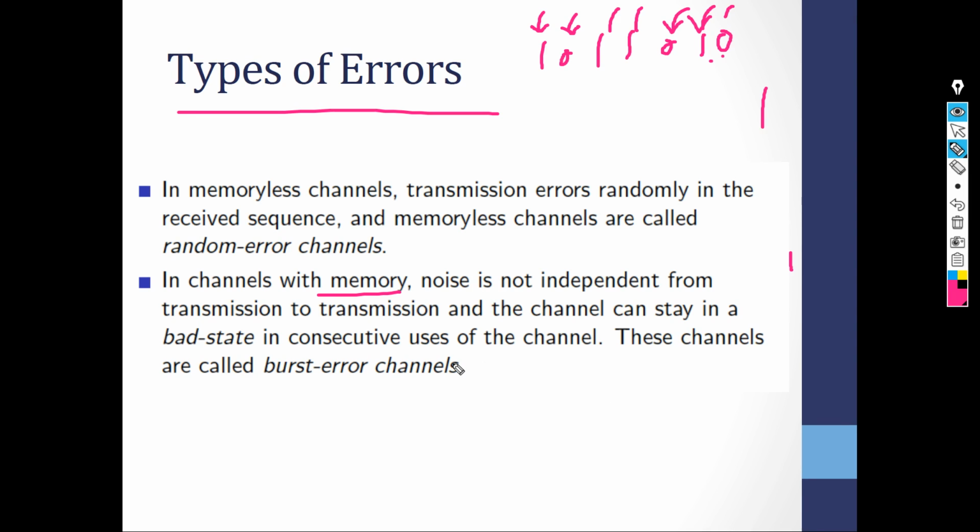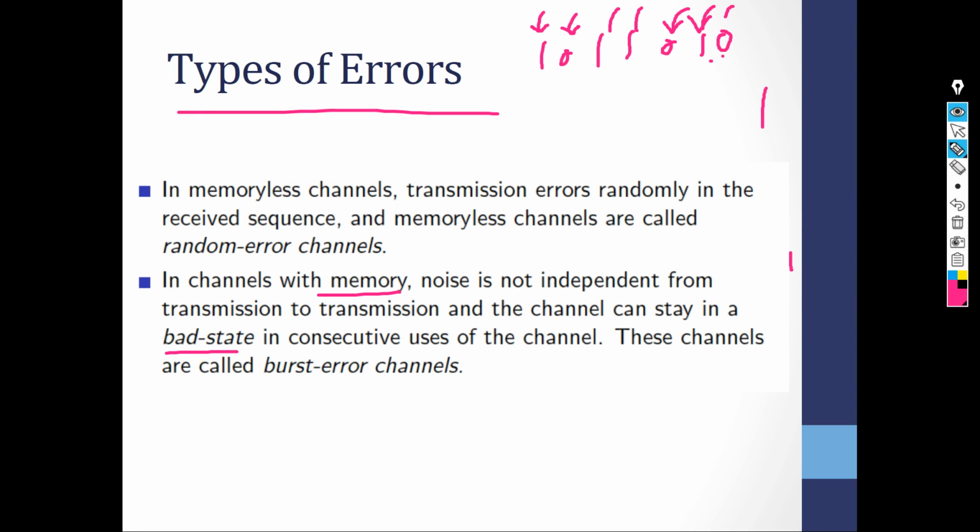And the channel can stay in a bad state. For example, the channel can remain in a bad situation for consecutive uses of the channel. For many different bits, the channel can remain bad. These channels are called burst error channels. You don't have one single error. You have a consecutive number of errors located in a certain sequence, and we don't like this.